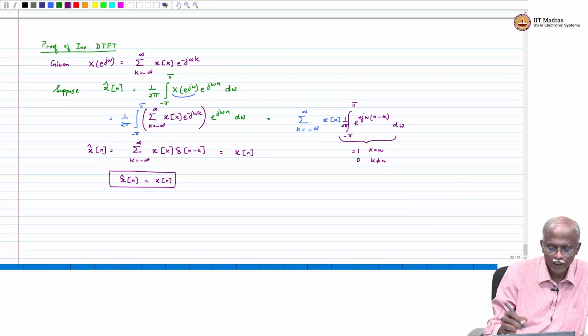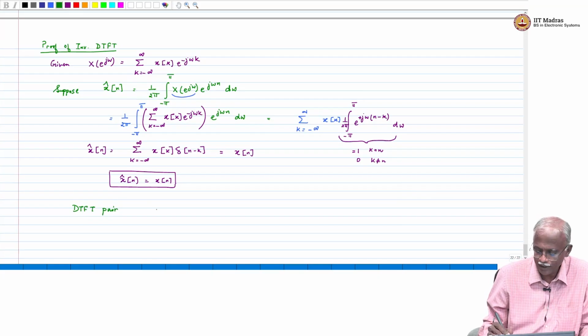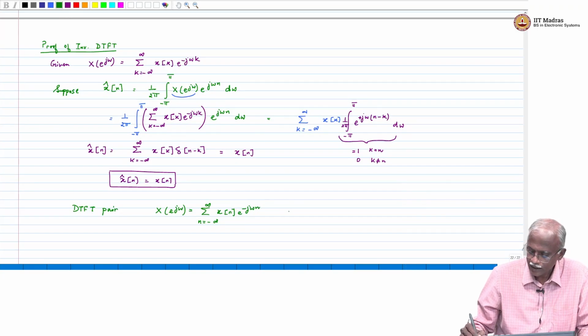Which then is the proof of what we are looking for. So the discrete time Fourier transform pair, we can formally say that this is the Fourier transform pair. The forward transform is X e of j omega, which is given by summation n equal to minus infinity to infinity x of n e power minus j omega n. This is the discrete time Fourier transform or the forward transform.